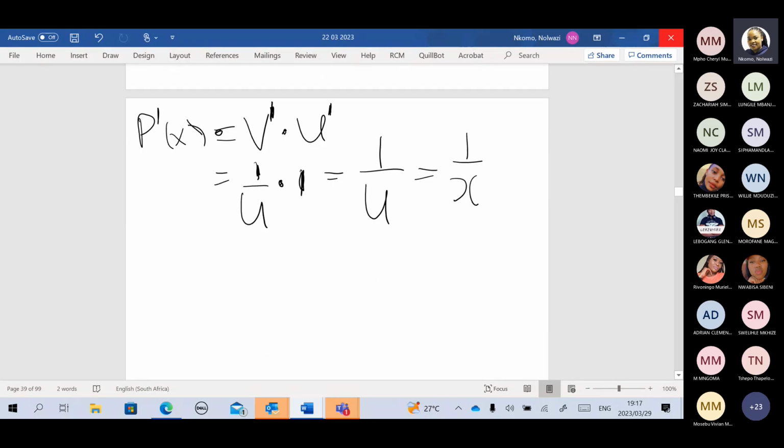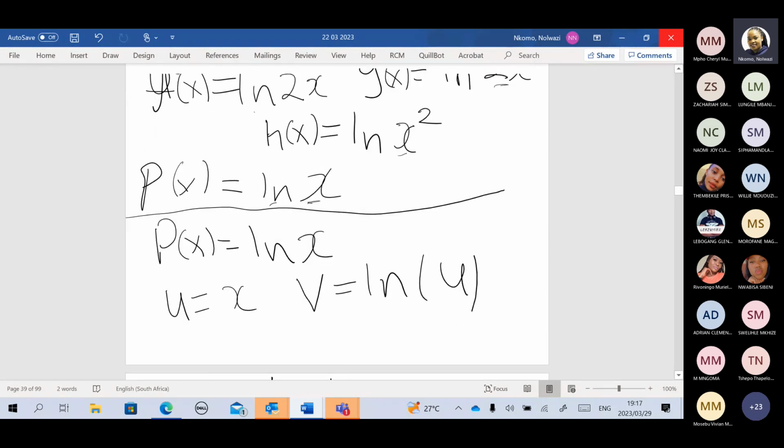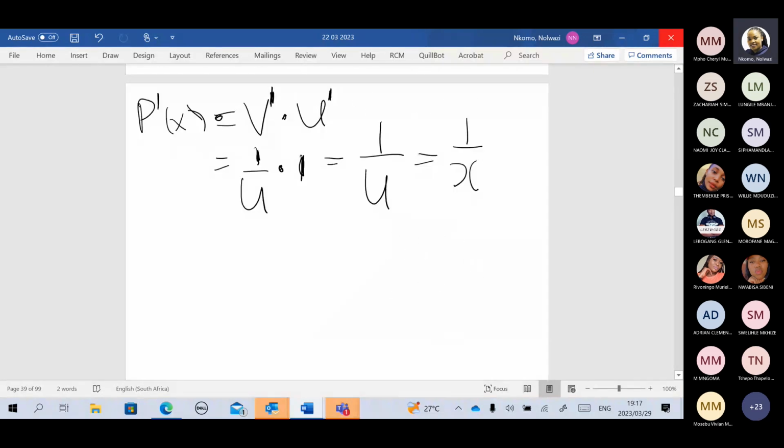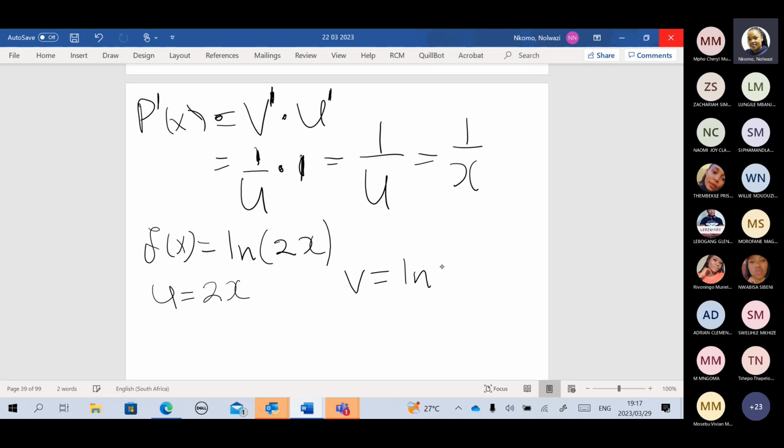Okay, let's do another one. We said another one is ln 2x. Now let's say we have our f at x equals ln 2x, right? We said we'll let the inner function be u. So we have u equals 2x, and we have v equals ln u.